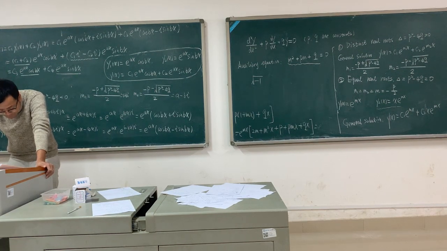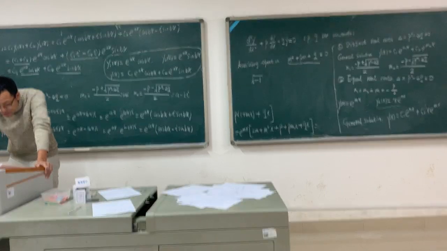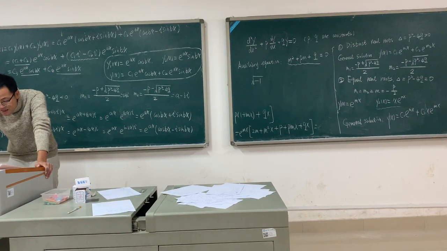The equation y double prime plus p y prime plus q y equal to 0. For this equation, we have the auxiliary equation m squared plus pm plus q equal to 0. And now we have three cases.